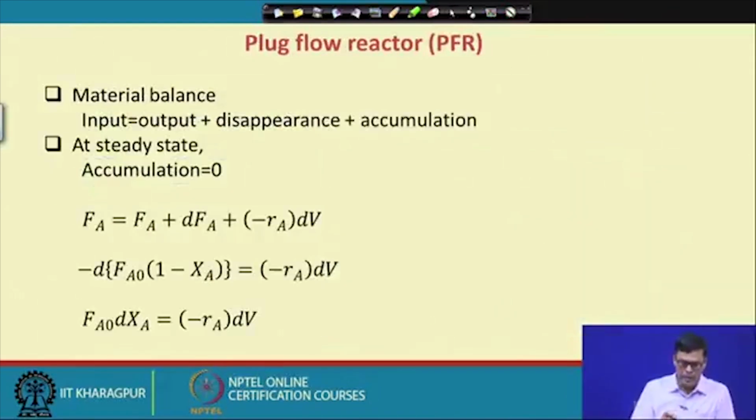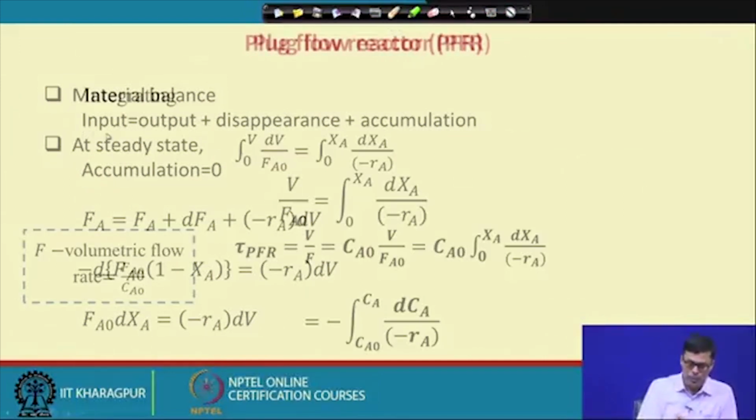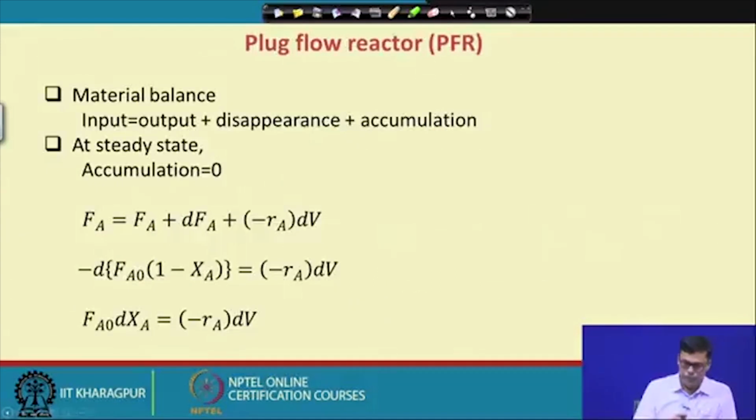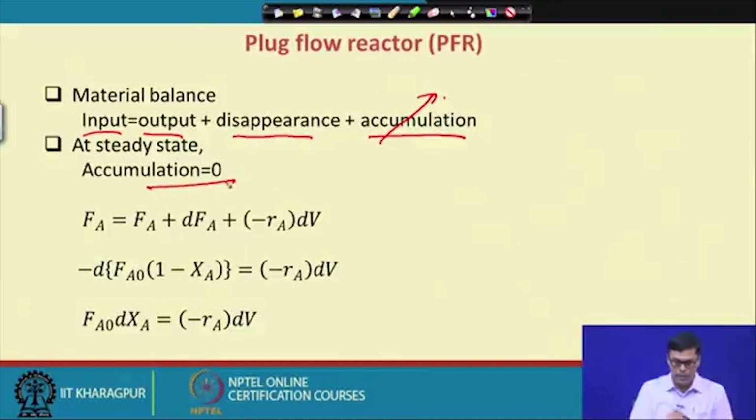So what material analysis do we have? Rate of input equals rate of output plus rate of disappearance plus accumulation. Under steady state condition, the rate of accumulation is equal to 0. So what is the rate of input? Fa across the differential segment.